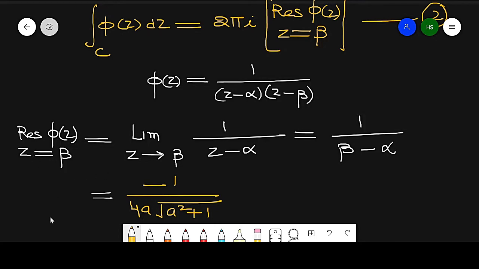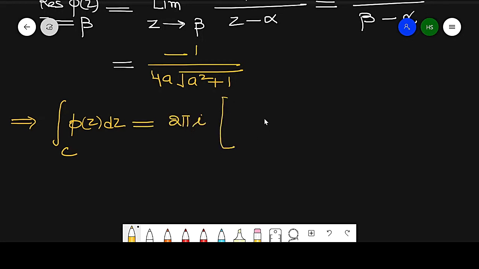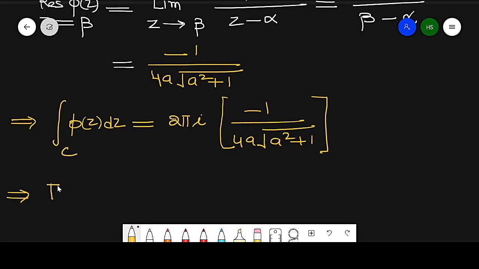Now what is the integration? The integration of phi z around C is equal to 2 pi iota into minus 1 by 4a into the square root of a square plus 1. Now substitute these values, then we get the value of the integration I.